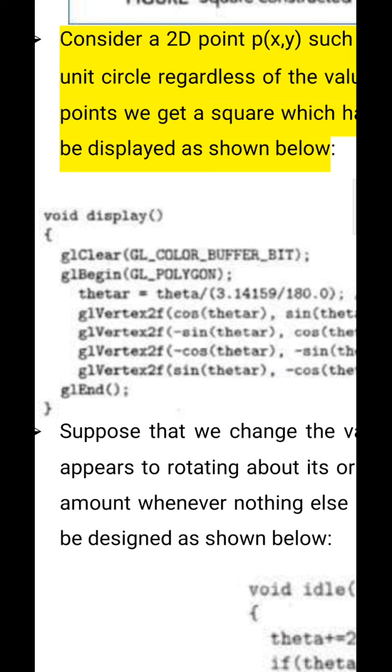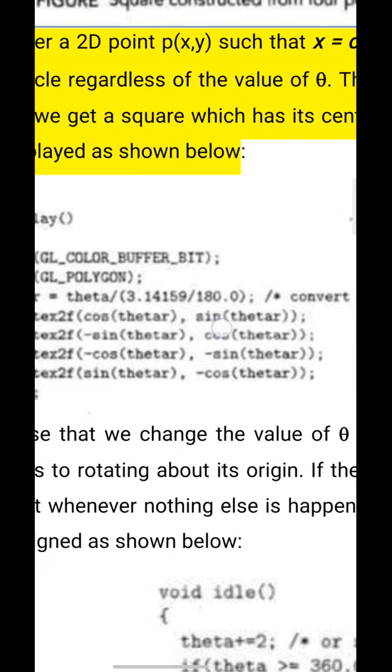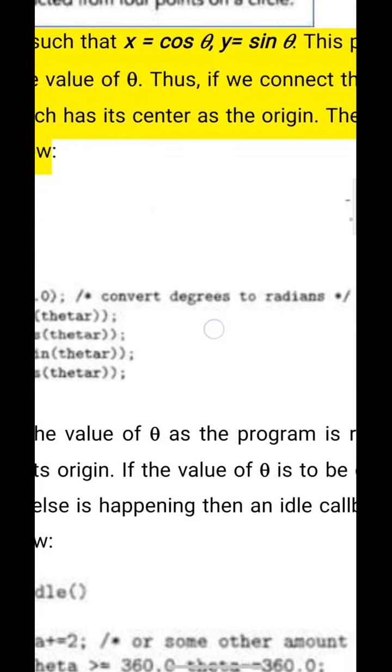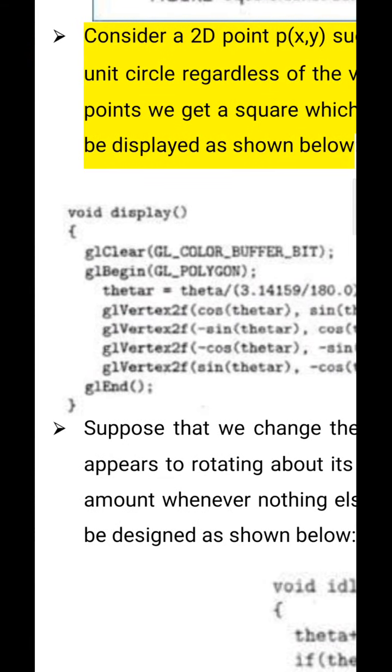Please remember this. So we are defining a new variable, theta r. How is theta r defined? Conversion of the degree into radian. How do you convert the degree to the radian? Pi by 180 you are considering, isn't it? So theta times 3.14159 divided by 180. Here it converts the degree into radian. Go through the comment line. Fine.